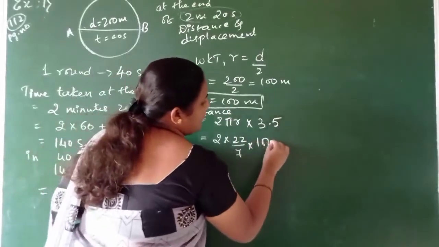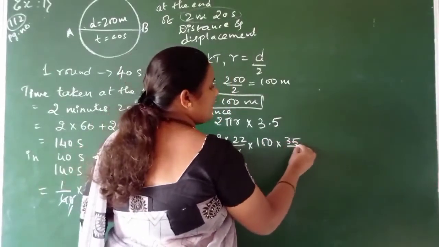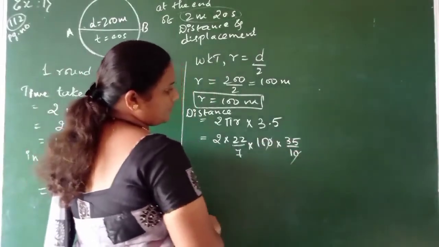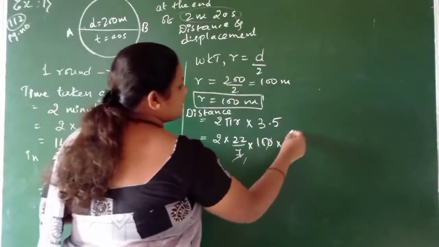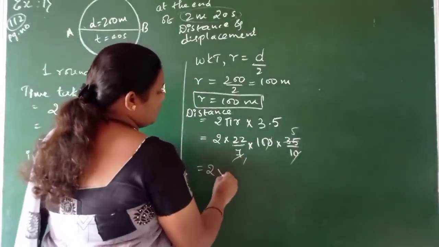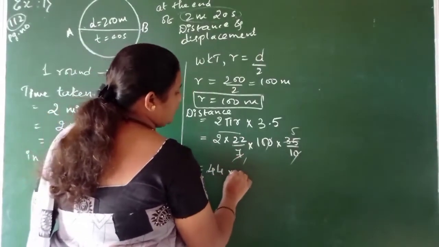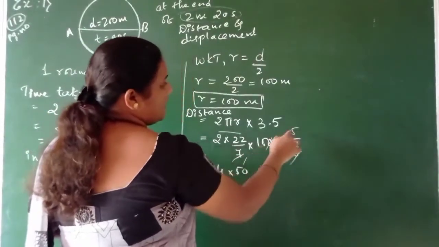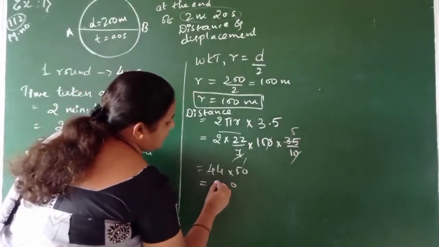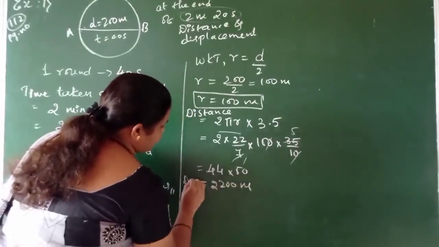Radius 100 into this 3.5, which can be written as 35 by 10. Isn't it, children? So now cancel these. This one 0, this one 0 get cancelled. 7 1s are 7, 7 5s are 35. What is left? That is 2 into 22. Directly you can write this as 44 into 50. 10 into 5, 50. Is it clear, children? Okay. Then 2200 meters is the distance.